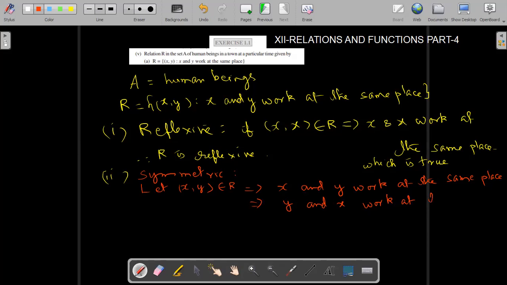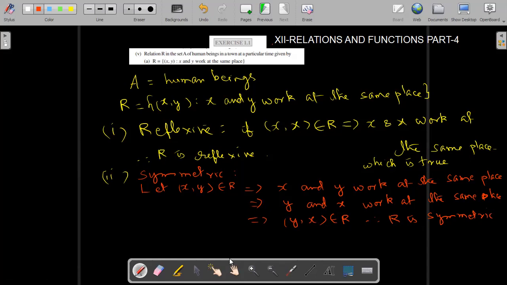The relation will not be affected if we write X and Y or Y and X. This shows that (Y, X) also belongs to R. So hence proved, therefore R is symmetric.